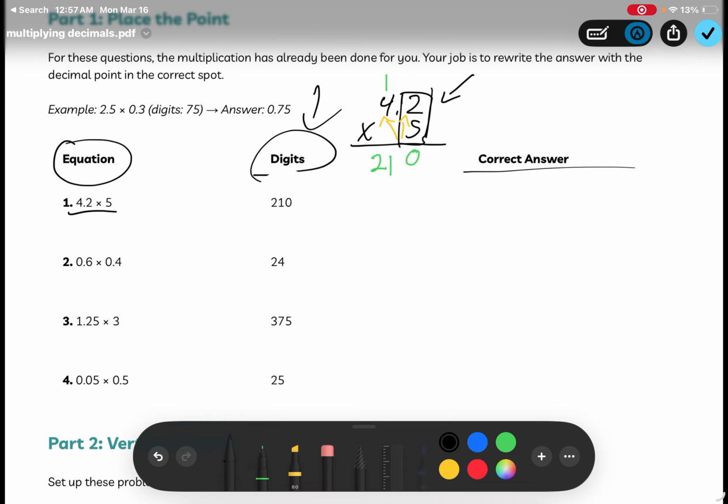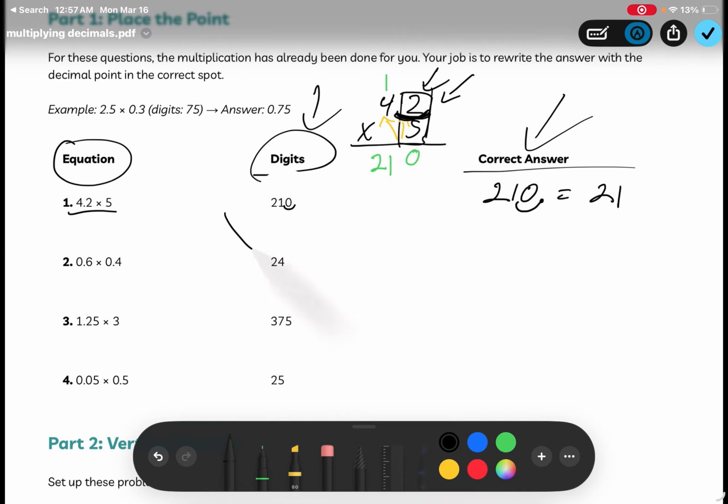All they're asking you to do is put the correct answer. The only thing they failed is to put the decimal. Now there's only one number behind the decimal, and that is 2. So we're going to start with this, and we're just going to move it one time. So your answer is going to be 21.